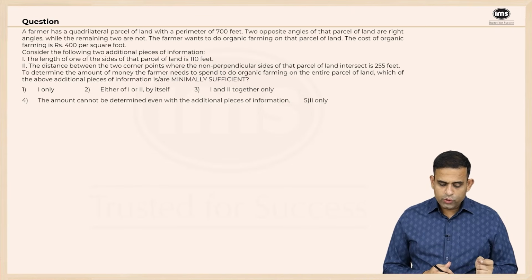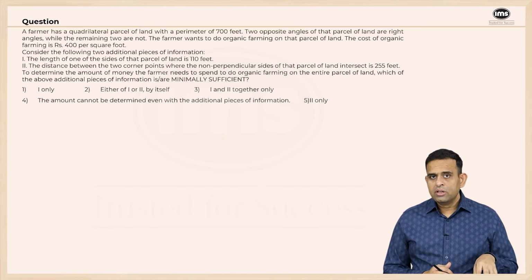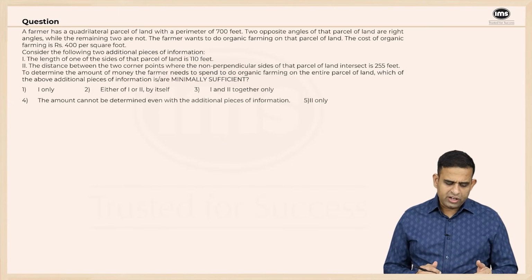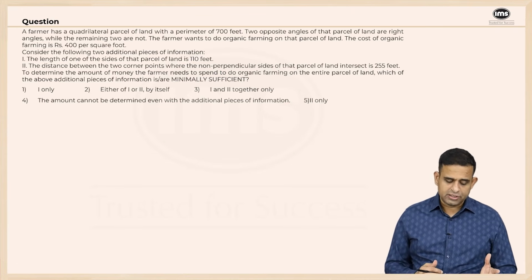The farmer wants to do organic farming on that parcel of land, and the cost of organic farming is rupees 400 per square feet. So if I can find out the area of the quadrilateral, I can easily find out the cost of organic farming on that land parcel.